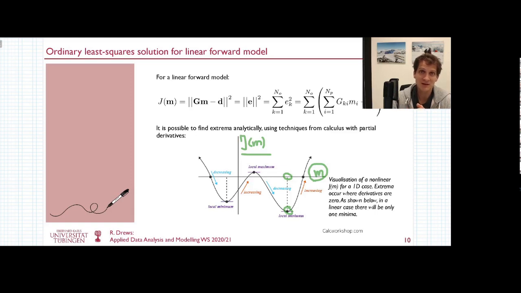And this can be done using derivatives. Wherever the derivative with respect to the model parameter is 0, we either have a high or a low point. And we can use this to query the parameter space in a much smarter fashion than the brute force approach. So let's do this.